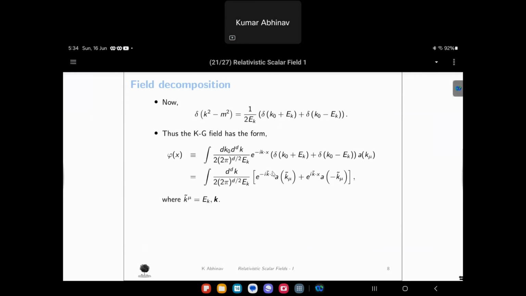Now, after putting back that expression for the Dirac delta into the expansion of the Klein-Gordon field, we finally are left with this expression where we have this k tilde to be a little bit different than k.